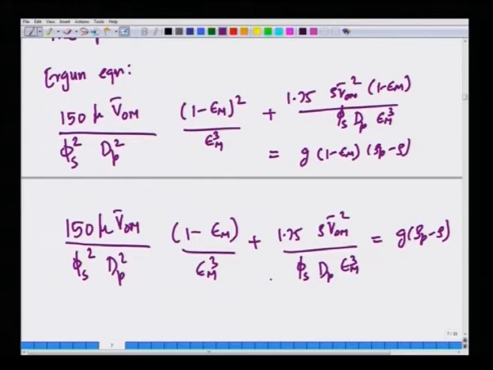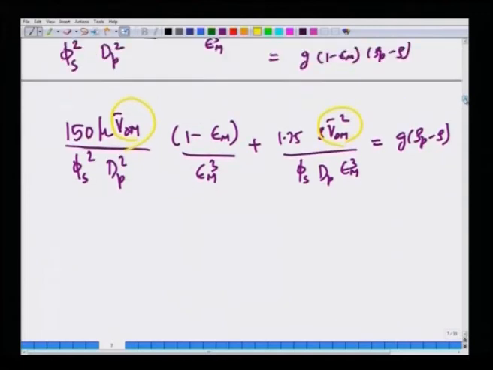So, this gives you a quadratic equation for V0m, because this term is linear while this is quadratic in V0m. V0m is the unknown. We can solve it in principle provided we know all the other properties of the bed, such as the porosity and so on.